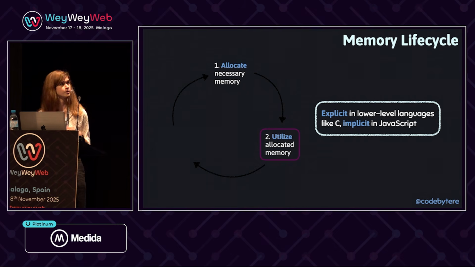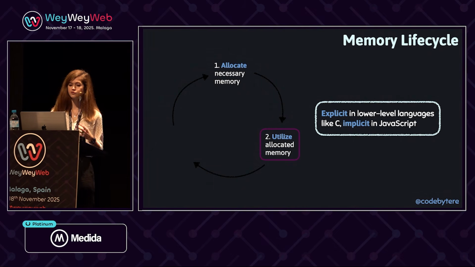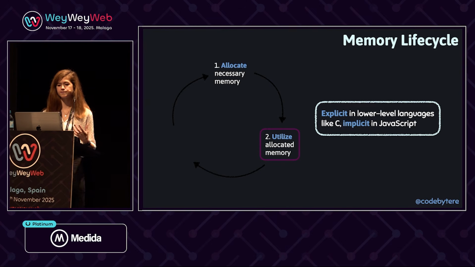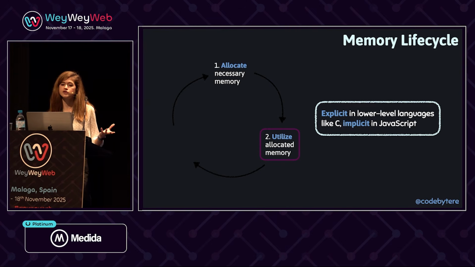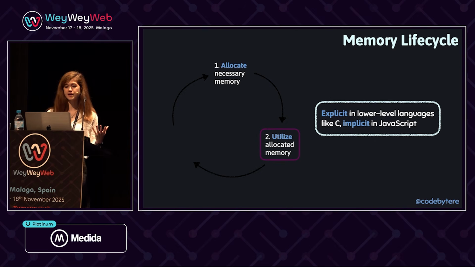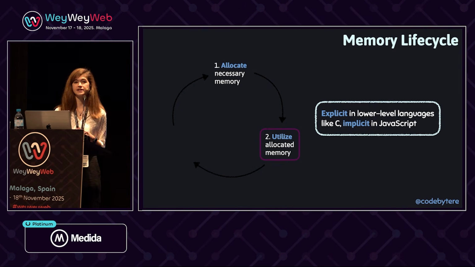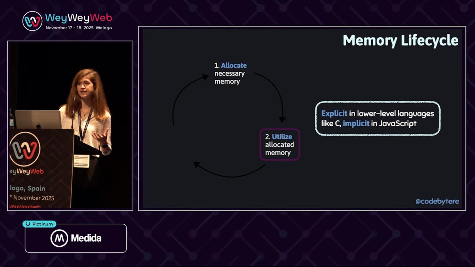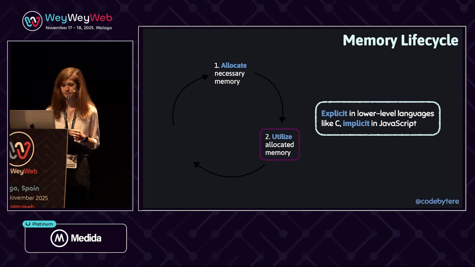Next up is utilization. This is when your program actually uses that allocated memory to get things done. You can think of it like customers enjoying their coffee at the table. During this stage, the data is crucial, and if it suddenly vanished, everything would begin to break down pretty quickly.